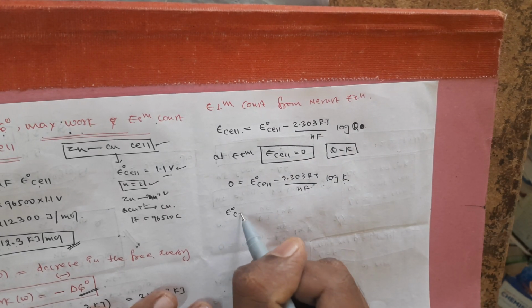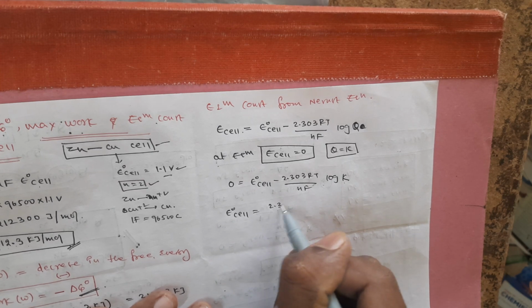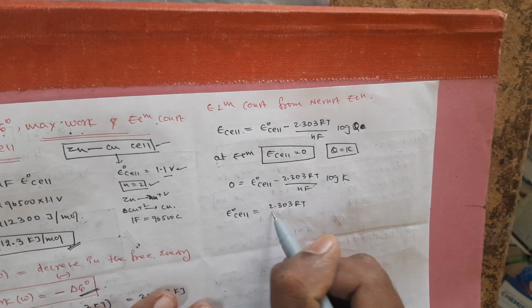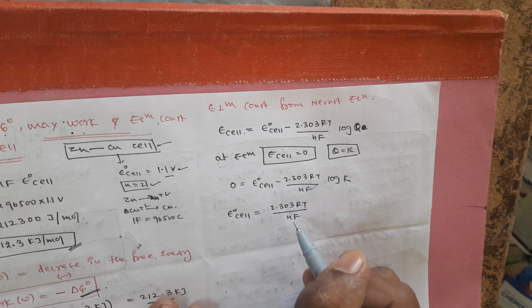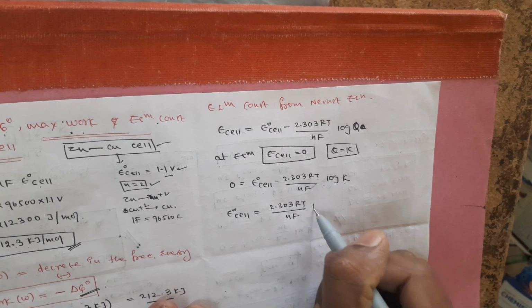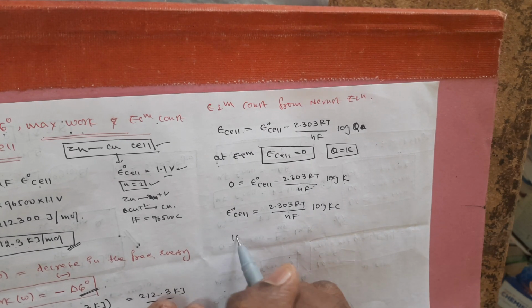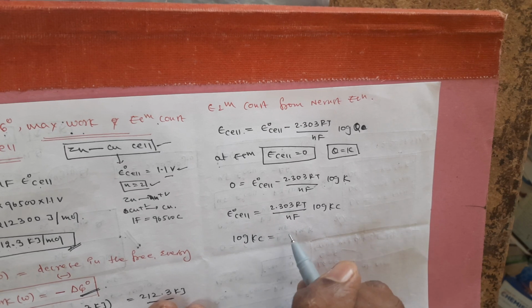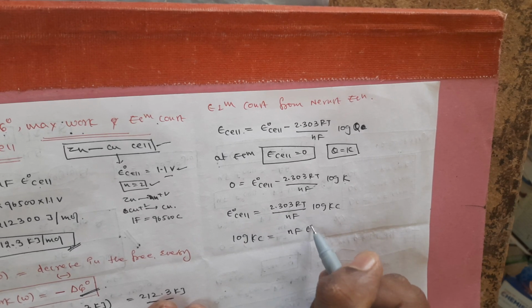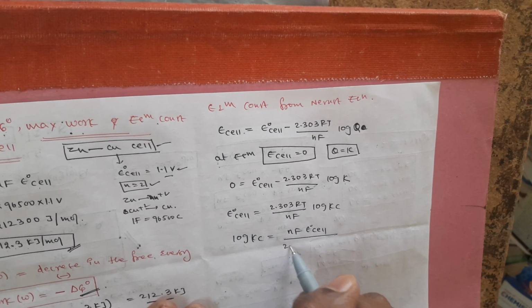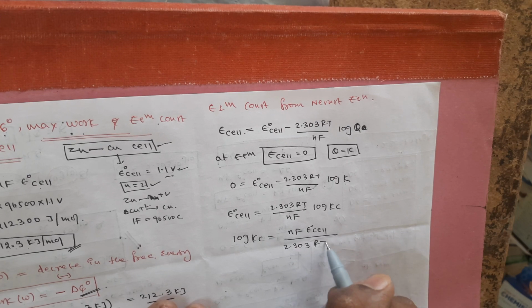From here, E naught cell is equal to 2.303 RT by NF into log Kc. So log Kc is equal to NF E naught cell by 2.303 RT.